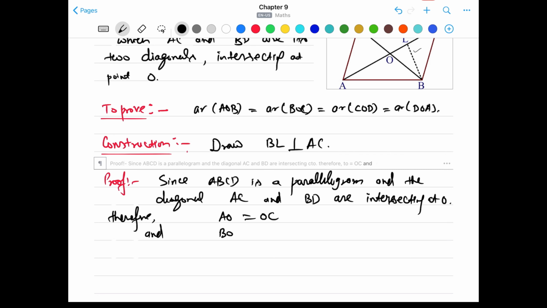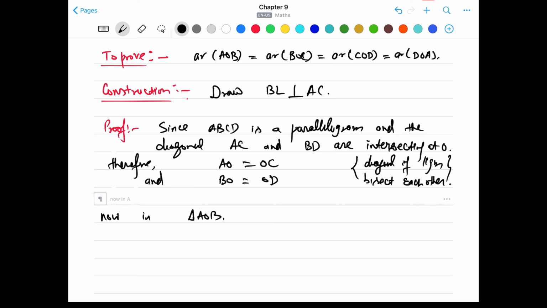Now in triangle AOB, the area of triangle AOB will be equal to half into base into altitude.